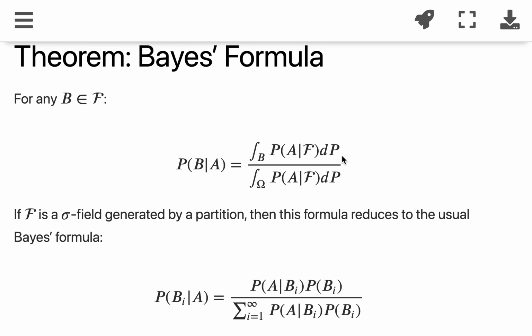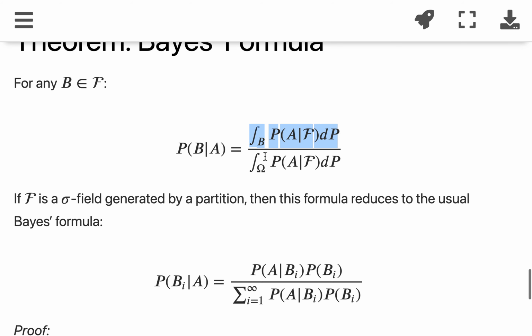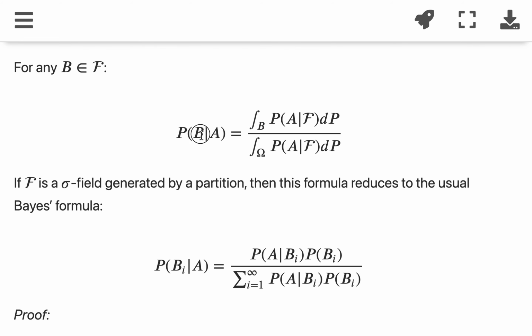So let's first look at the integral of P(A given sigma field F) on B, and we want to prove that this is equal to P(B given A) times this one.